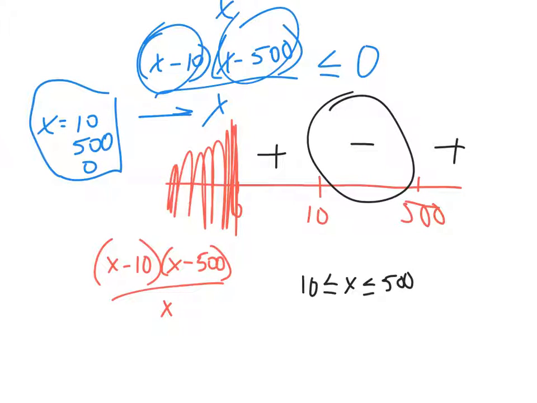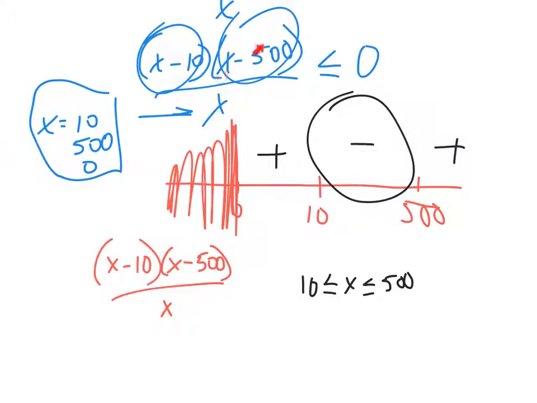So why did I pick that? I picked this area right here because I needed my x value to be negative, meaning it's going to be lower than the $590 cost.